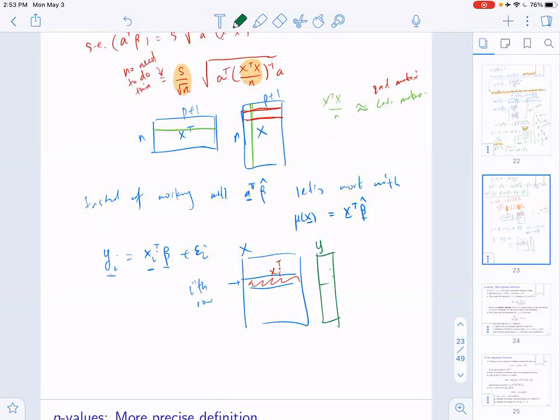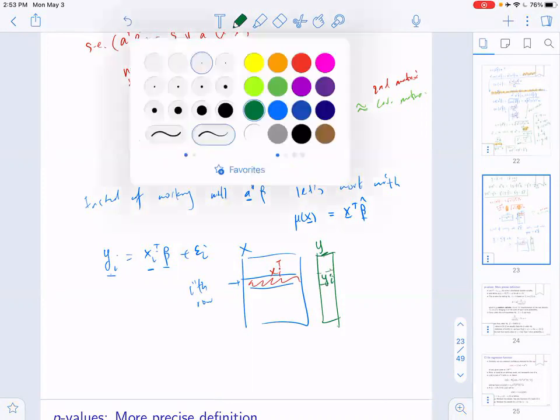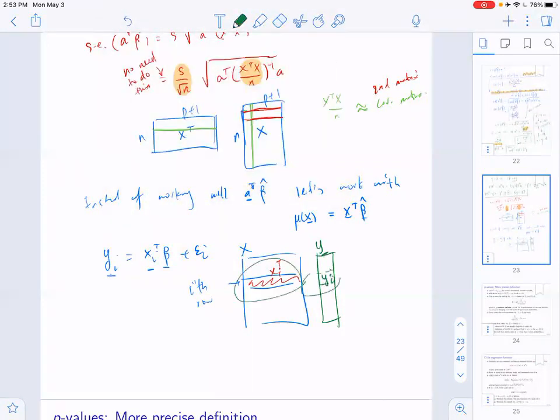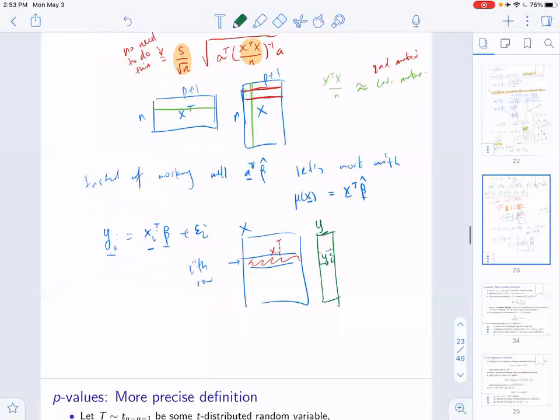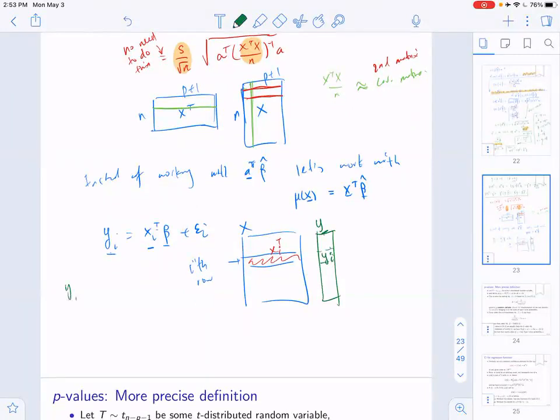So for every row, you have the covariates, and then you have the observations. And you can say that yi is, in fact, equal to mu of Xi plus epsilon, where this function, for any x, which is a dummy variable, is defined as x transpose beta, or if you want, beta transpose x.